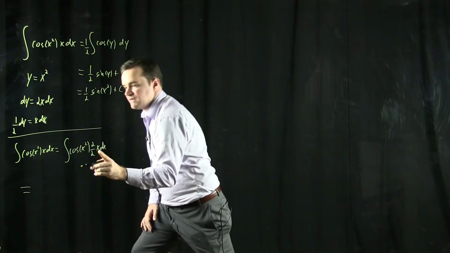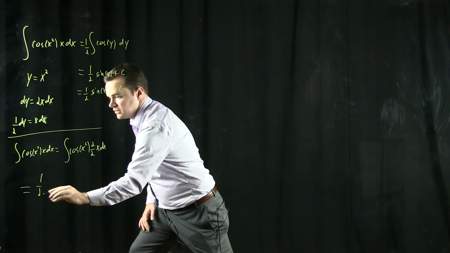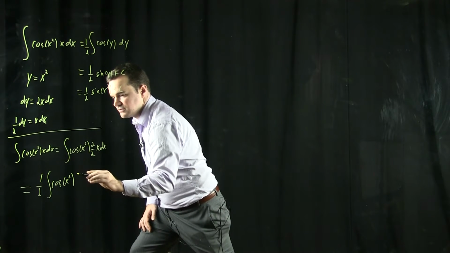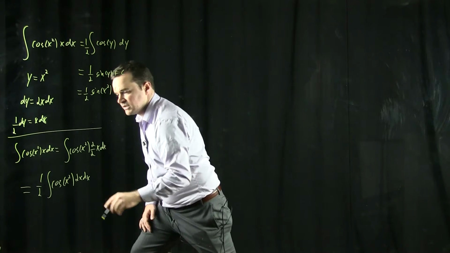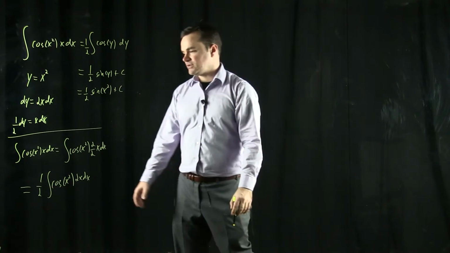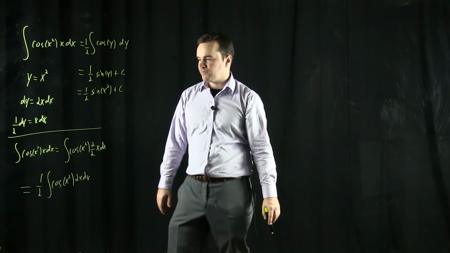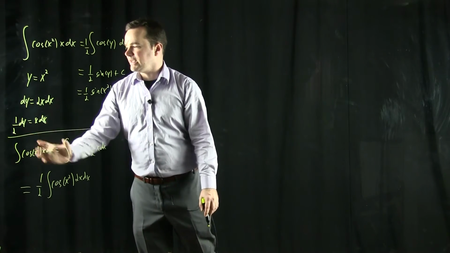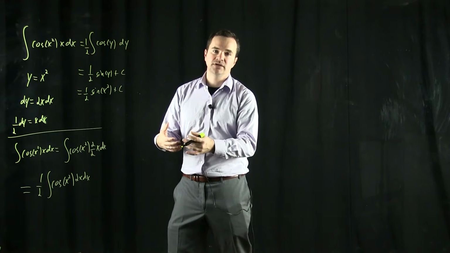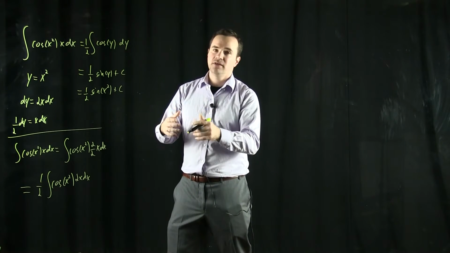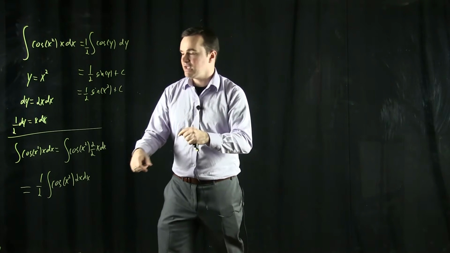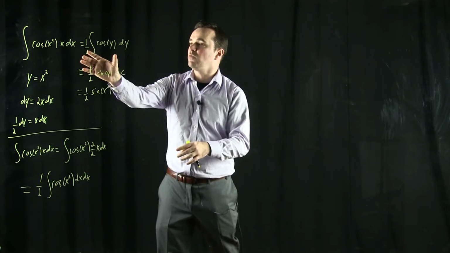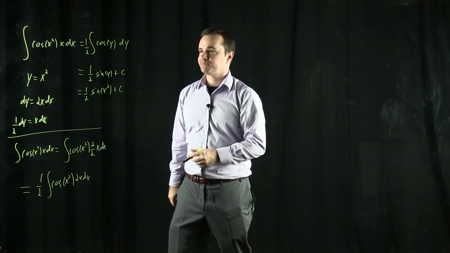Because now you can just factor out the 1/2, and what you're left with is cosine of x squared times 2x dx. Now this is the integral that you know how to do, straightforwardly from last time. So when you're rewriting it in that form, what you're basically doing is splitting up that derivative in such a way that you actually get the derivative function there on the inside. That's why it always works when you plug it in.